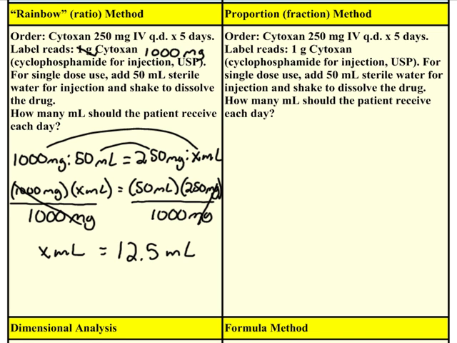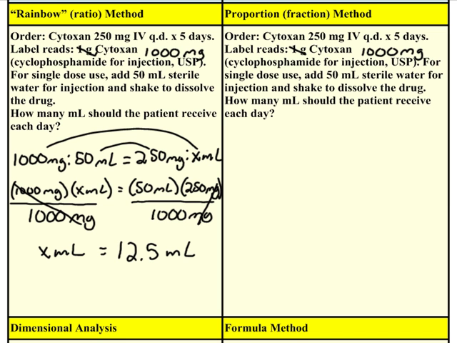We can also use the proportion method to solve this problem. Again, the order is in milligrams and the label reads grams. Because this says 1 gram, we can simply change 1 gram to 1,000 milligrams. We know that these two are equivalent to each other.